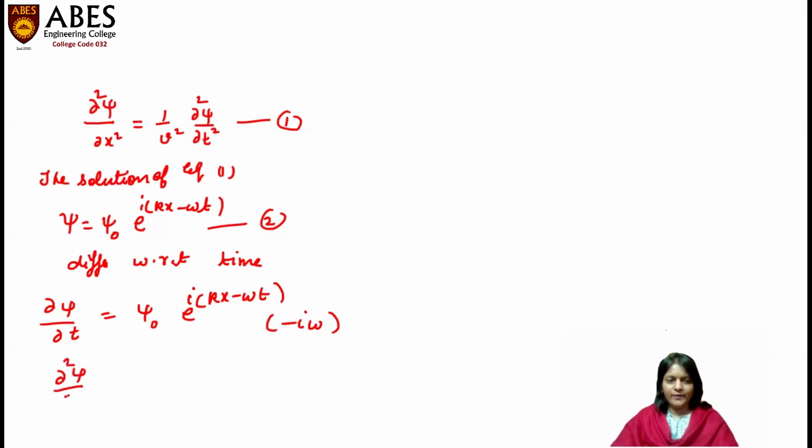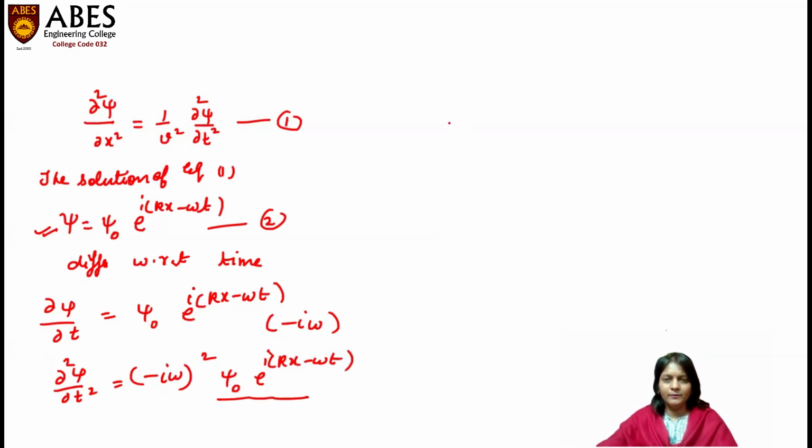Now del 2 psi over del t square is equal to (minus i omega) whole square times psi naught e raised to the power i(kx minus omega t). But this is again the wave function psi, so del 2 psi over del t square is equal to the square of minus i omega, where i square is minus 1. So it becomes minus omega square psi.